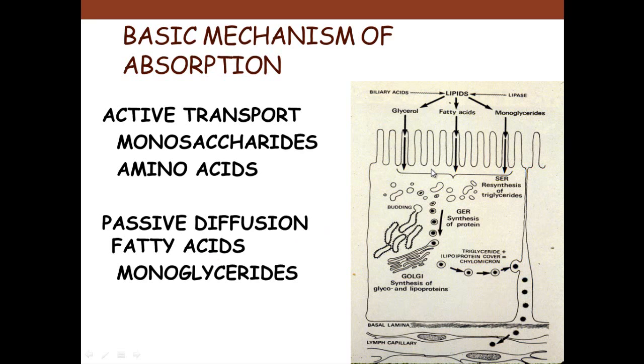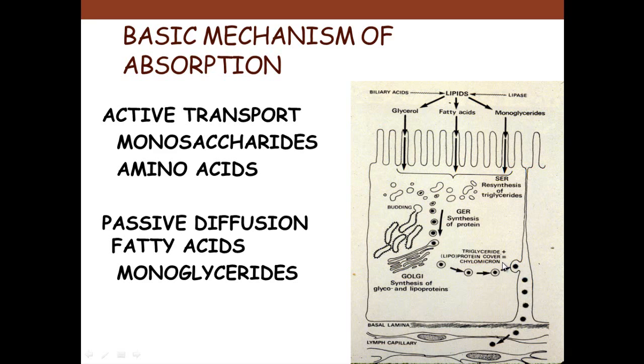And so once they get in there, then the triglycerides are resynthesized in the smooth endoplasmic reticulum. That's what we see here. And then you have the rough endoplasmic reticulum producing and budding off protein that goes with these, and after it buds off here, goes to the Golgi, and is added to the lipid coming through there, and then that produces chylomicrons.